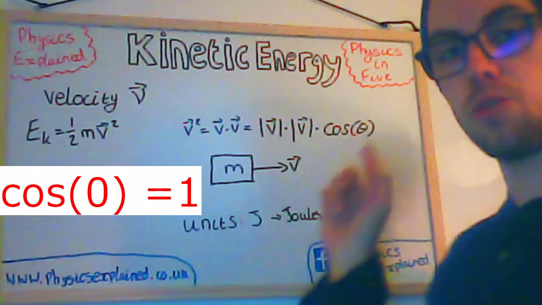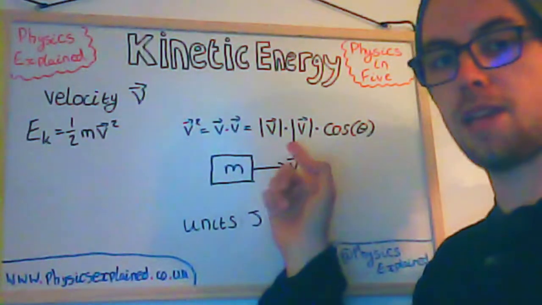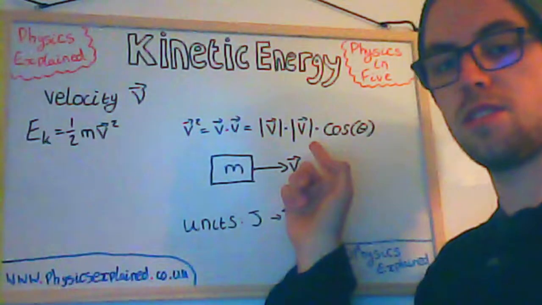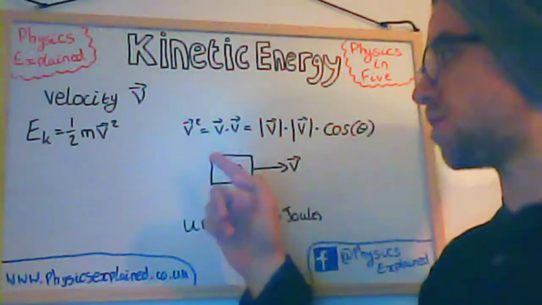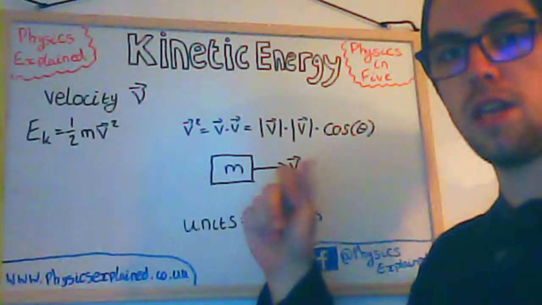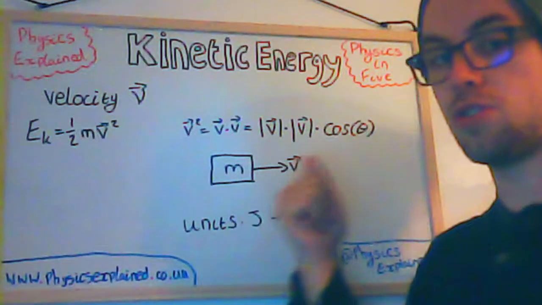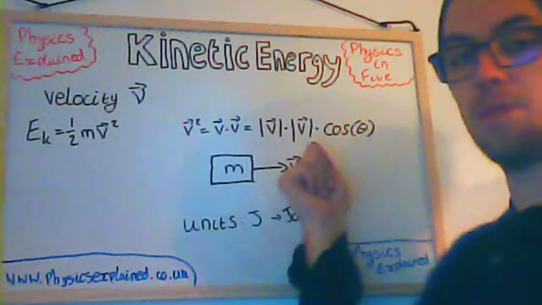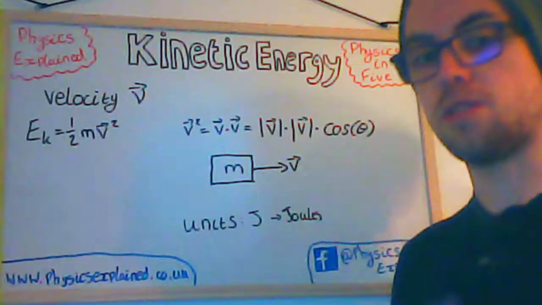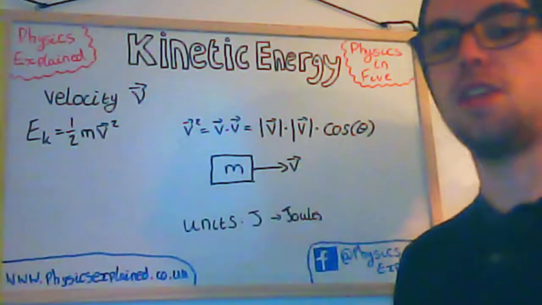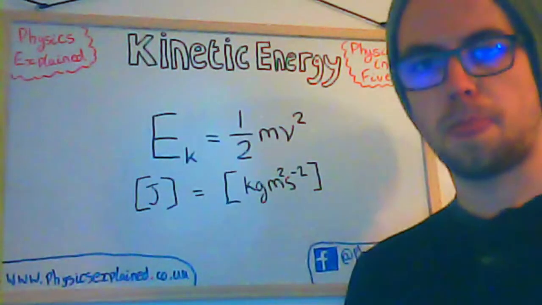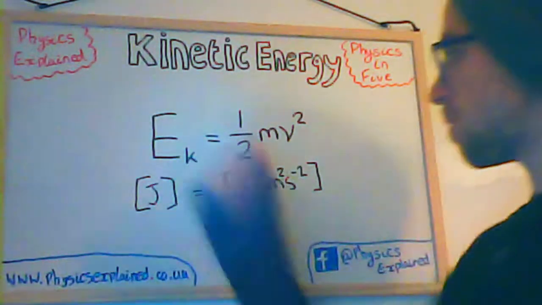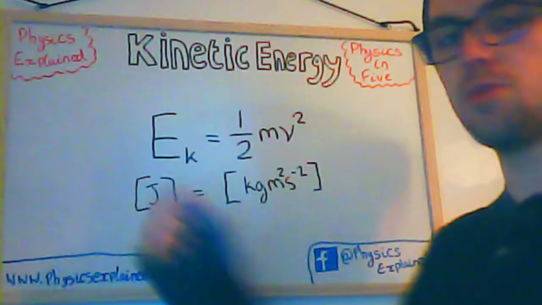Cos of theta equals 1, so all we have are the magnitudes of the two vectors times each other, which is why we get v squared. Now the magnitude of a vector is just a number, it's just a size. So a magnitude times a magnitude is just going to be a scalar quantity, which is why kinetic energy is just a scalar quantity.